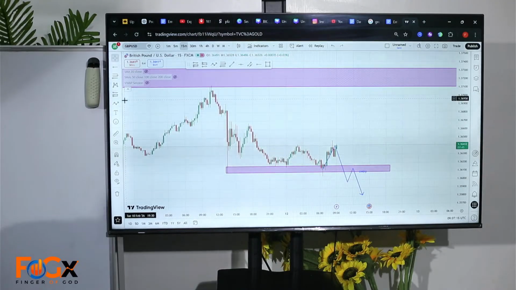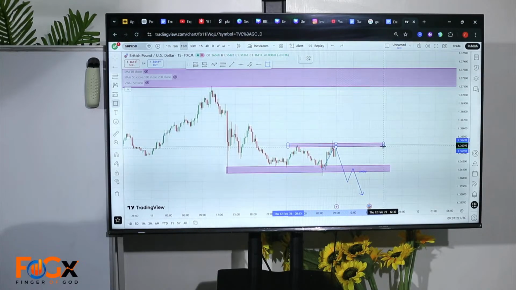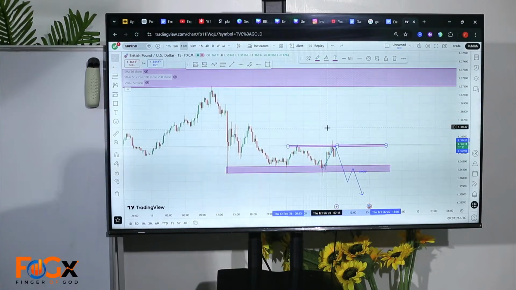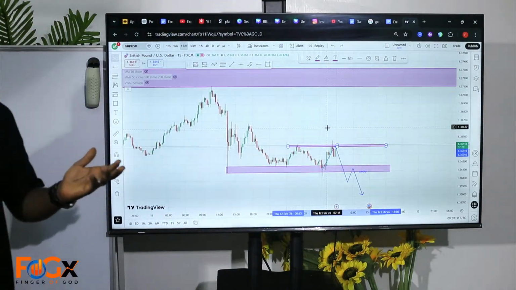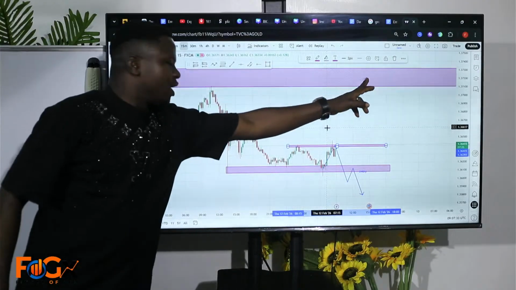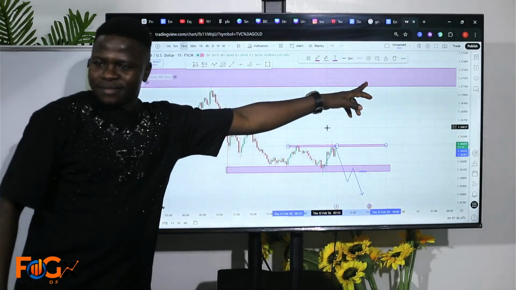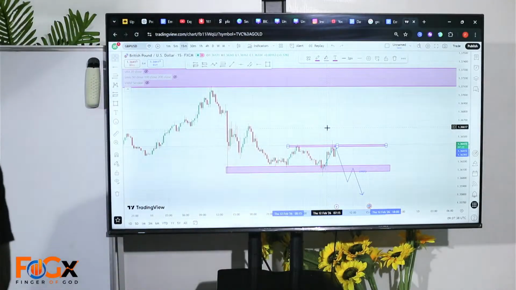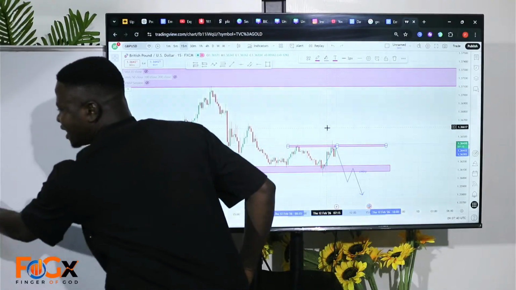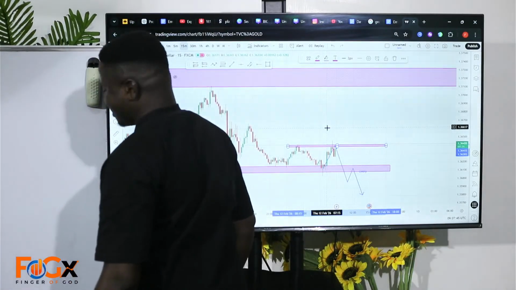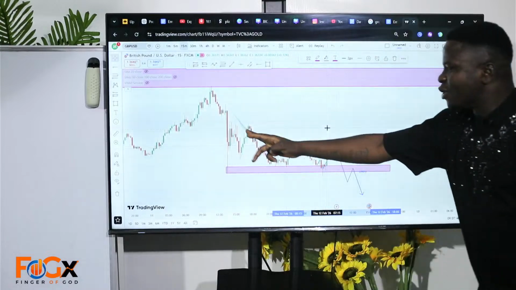Now, if price breaks this lower high, that means it's already forming a bullish bias, a short-term bull, back to this area. Can you see?